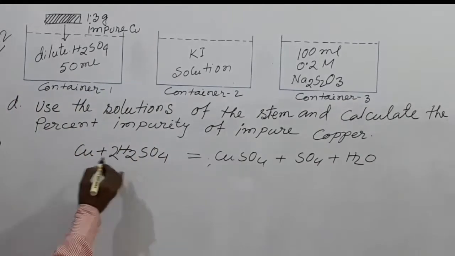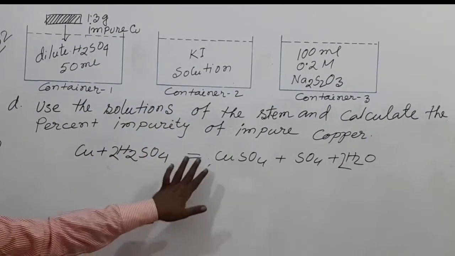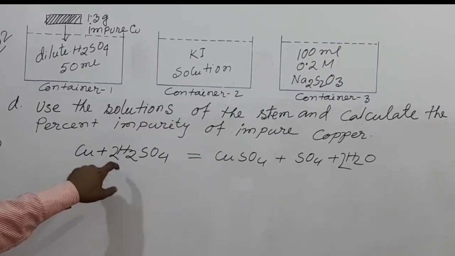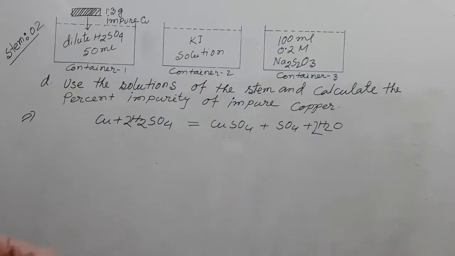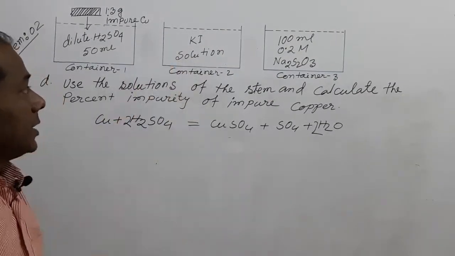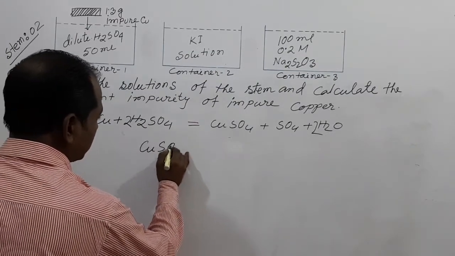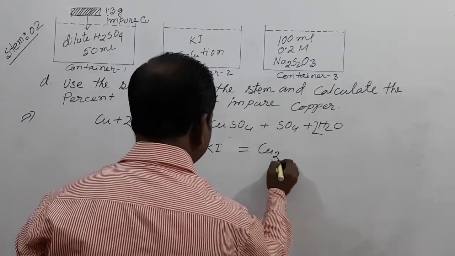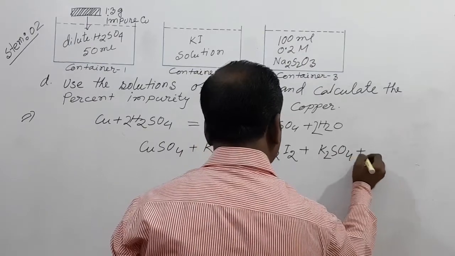To balance the equation, we multiply by 2. Now, the produced copper sulfate reacts with the solution of container 2, potassium iodide, and we get the reaction copper sulfate plus potassium iodide, producing copper iodide, potassium sulfate K2SO4 and I2.